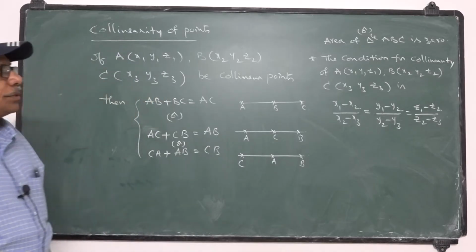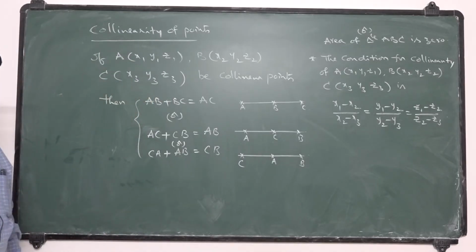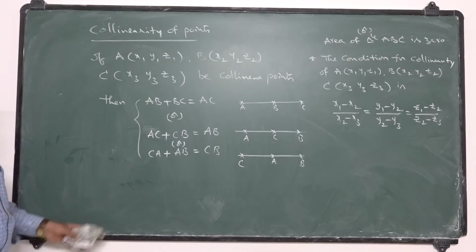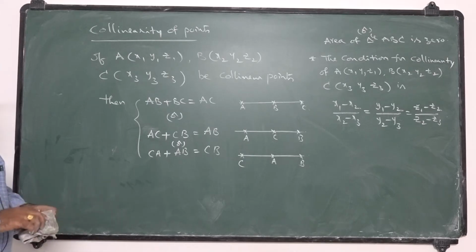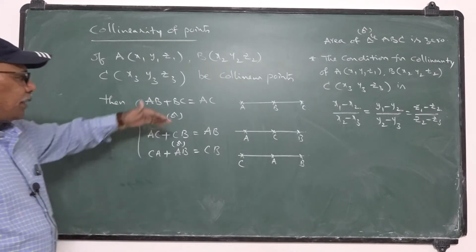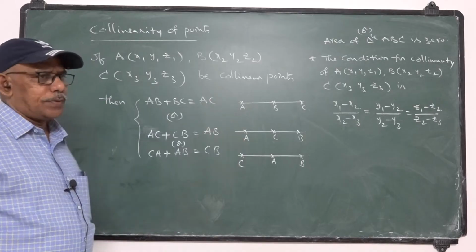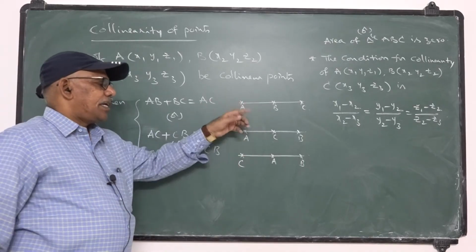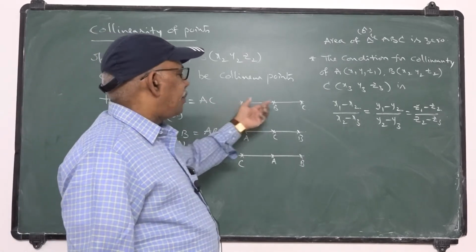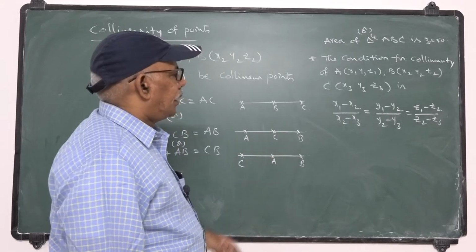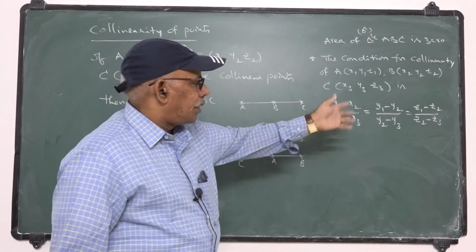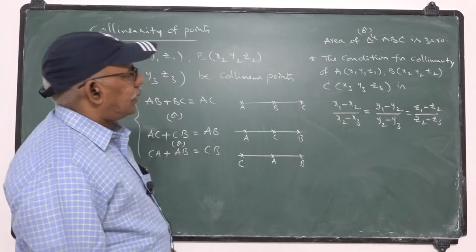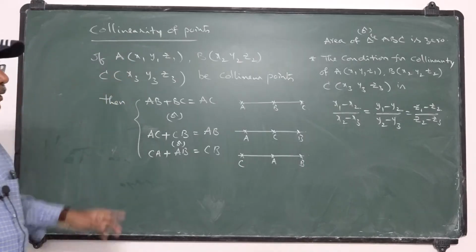So this is the condition for collinearity of ABC. Based on these conditions, you can develop that one. Here B divides AC in the ratio AB is to BC. So based on that, you are able to find that condition.